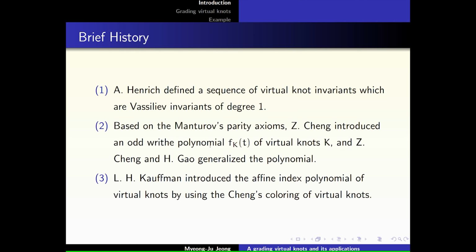In the paper, they used the coloring of Gauss diagram of virtual knot. By analyzing the coloring, Kauffman introduced the affine index polynomial of virtual knots, and it is easy to calculate the affine index polynomial, and it is useful to compare virtual knots.